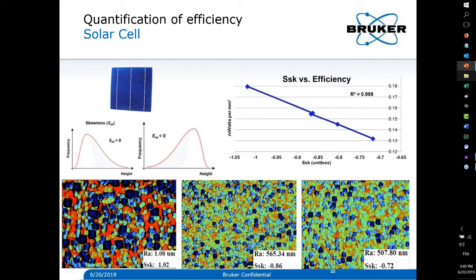And what we need is to get around -1, so have enough depth such that we can nicely make sure that the photons are well captured before being transferred into electrons. So in that case, again, a very simple skewness parameter will help to feed back to the chemical etching process and define whether the conditions are right for the wet bath and how much further etching is required, no more, no less.